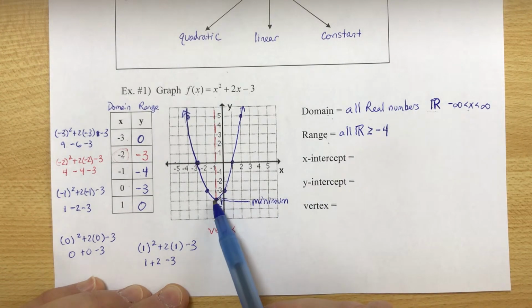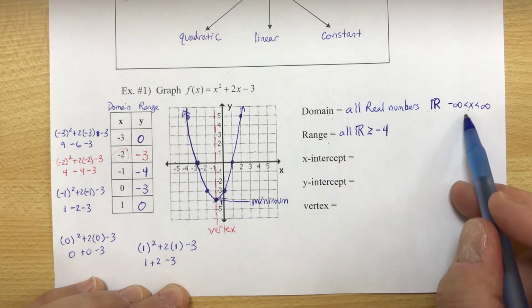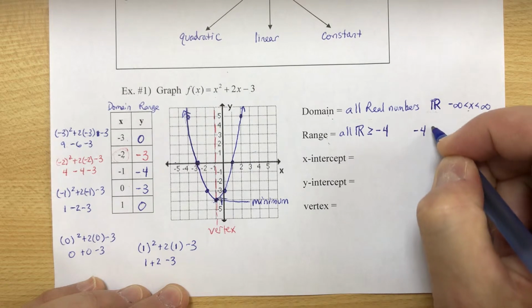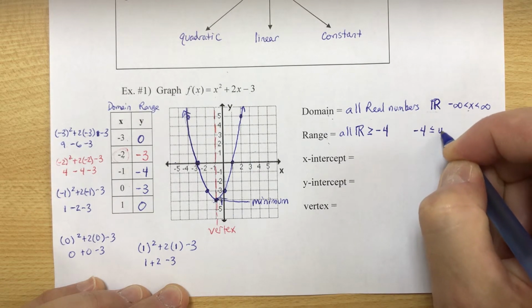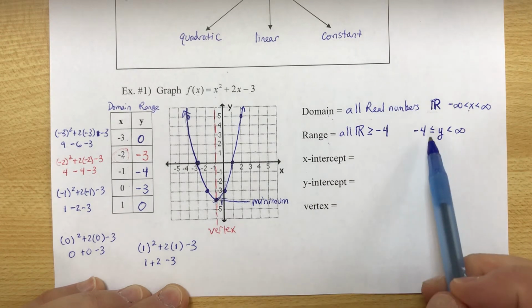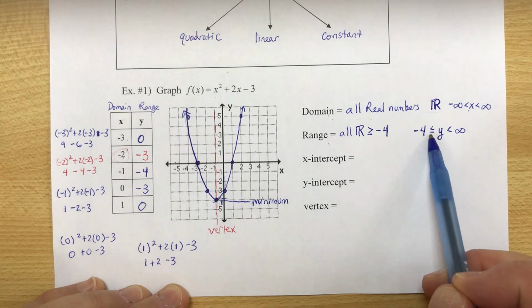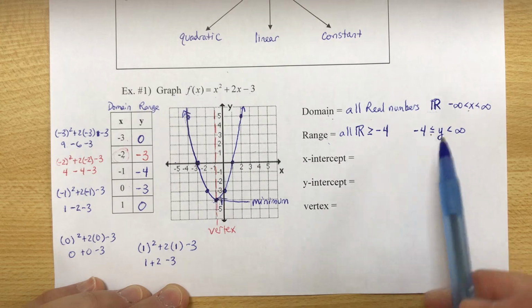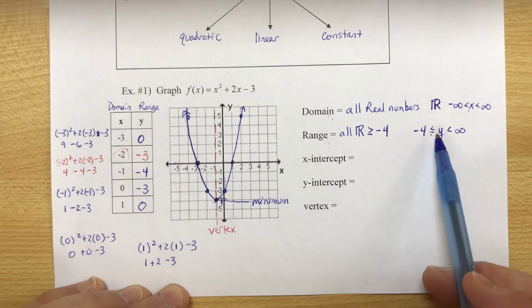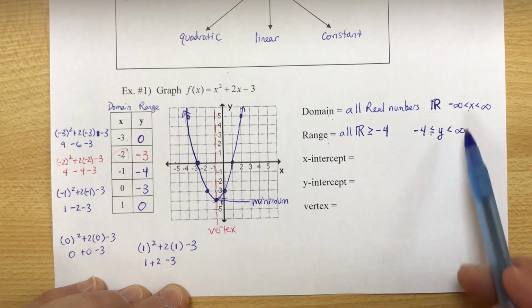All real numbers greater than or equal to -4. Now, if I wanted to write it as an inequality, I would say -4 less than or equal to y less than infinity. I have to put the equal to part because this number -4 is part of the range. -4 is part of the range, so I have to include it.